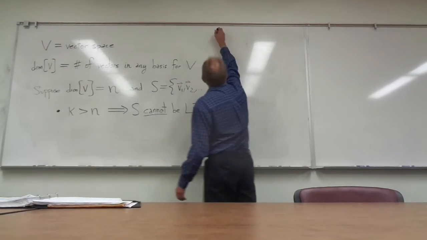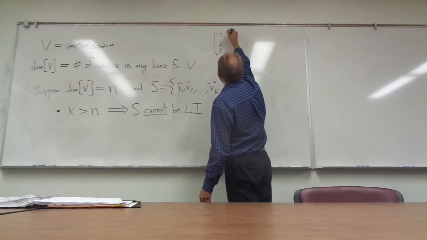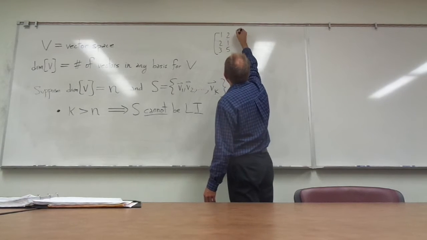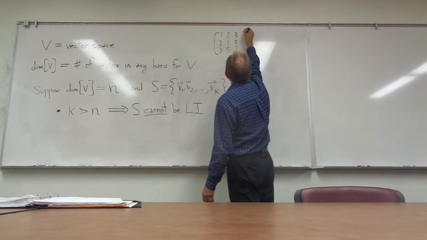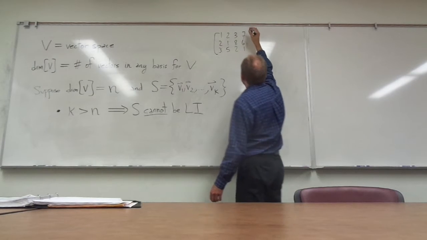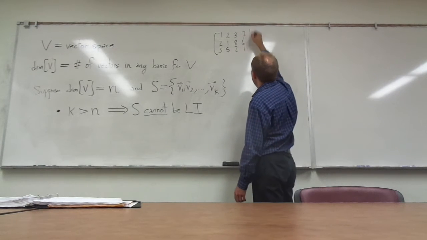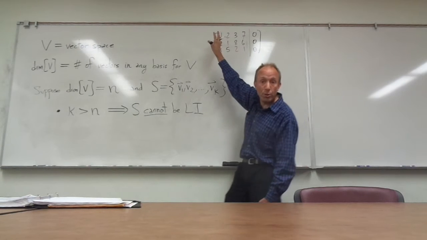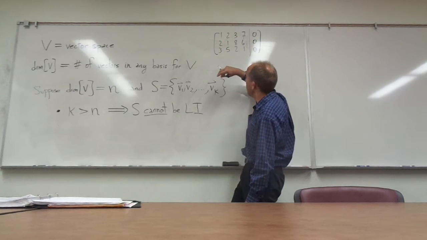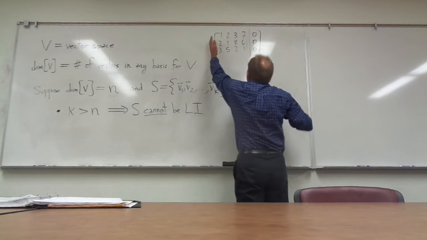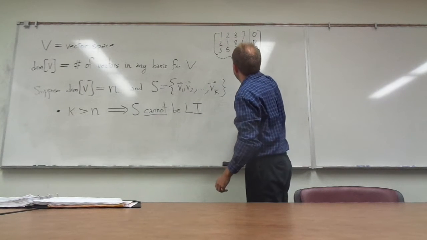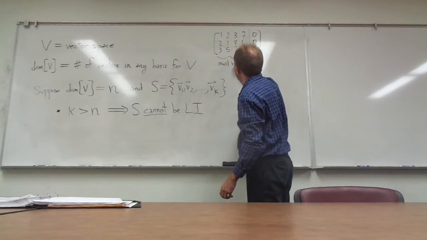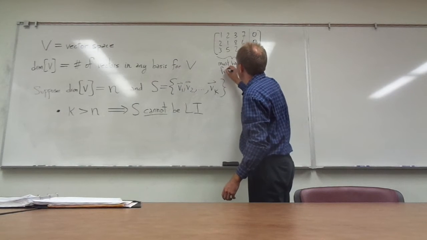If you take 4 vectors in R3, let's just make up some vectors here, I don't even care what they are. That's 4 vectors in R3. I don't care what the numbers are that you made those vectors out of. You must have a free variable here.